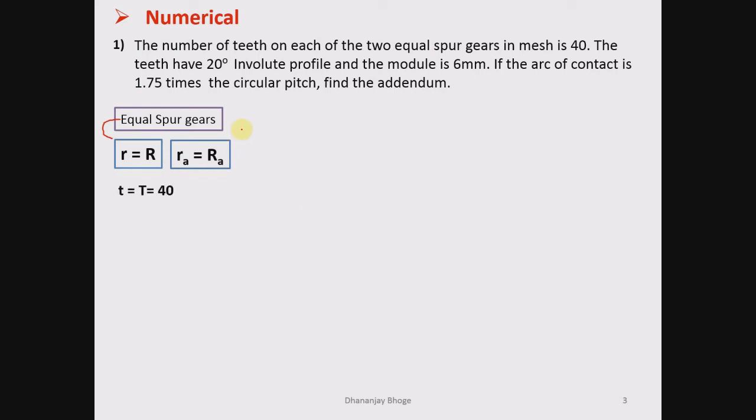Next, number of teeth, 40 on both the gears because gears are equal. So small t, number of teeth on pinion, equals capital T, number of teeth on gear, that are 40 in number.